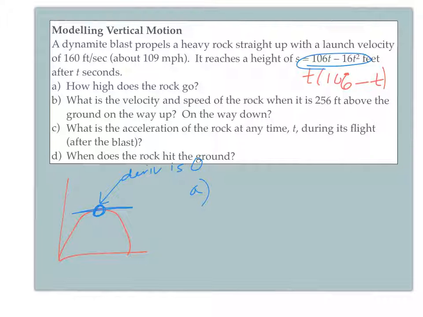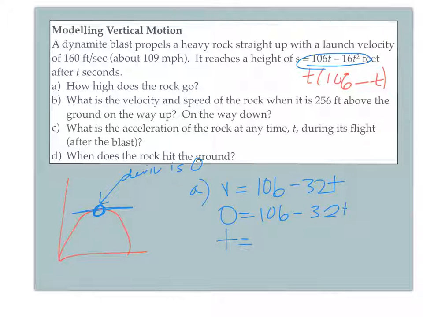So we find velocity. Velocity is 106 take away 32t. Is everyone okay with that? I set that equal to 0 and solve for t.